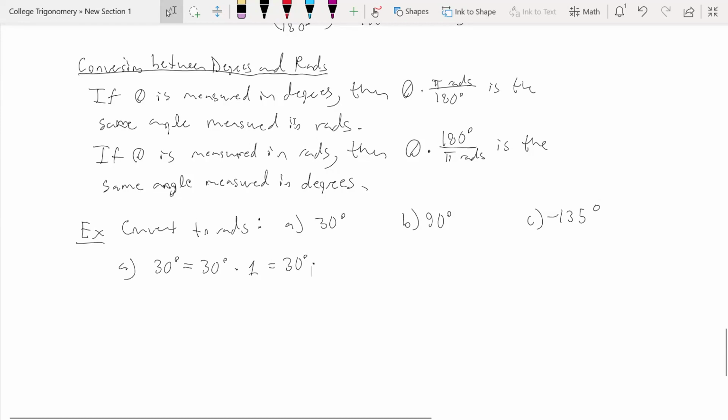Going from degrees into radians, I multiply by pi rads and divide by 180 degrees, so my degrees cancel off. I'll write this as 30 pi over 180 to begin with. You could have simplified it, but 30 over 180 is the same thing as 1/6, so this will be pi over 6 rads.